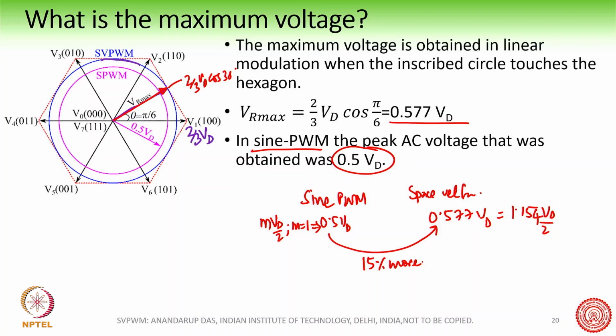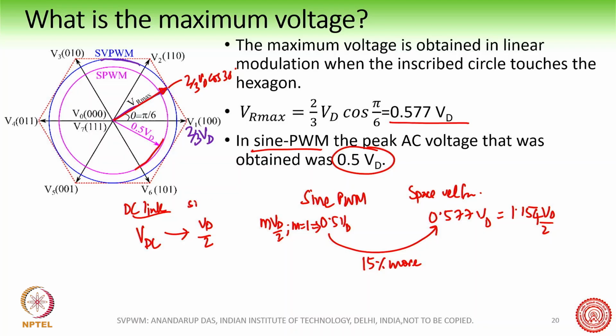What does this mean? It means that when you use sine PWM, this is where the sine PWM circle is also drawn. Suppose your DC link voltage is VDC. The maximum peak AC voltage that you can get in sine PWM is VD by 2, and RMS is VD by 2√2.